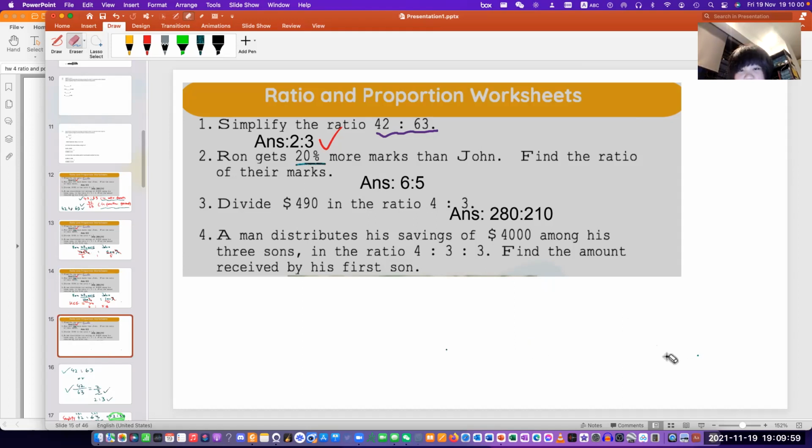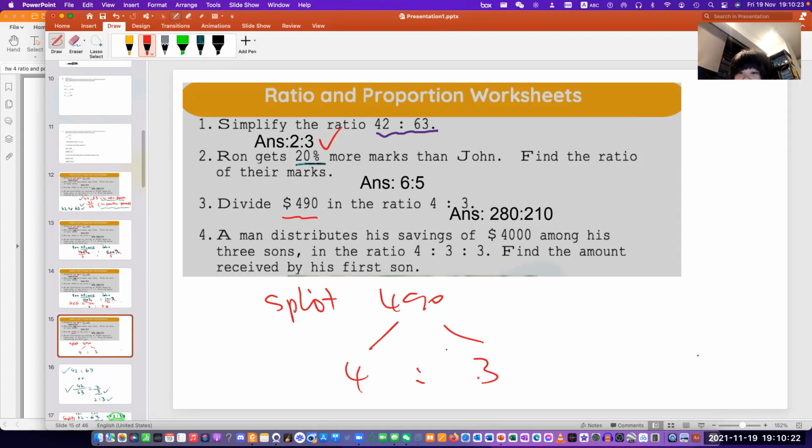Am I right or not? Because some of the questions I realize you don't understand the question. So divide 490 in the ratio. This means you are going to split 490 to 4 to 3.